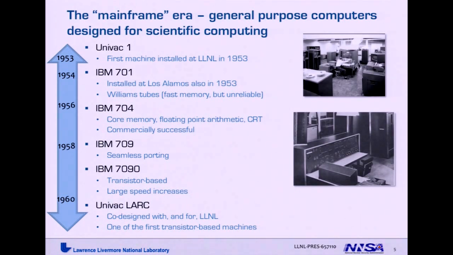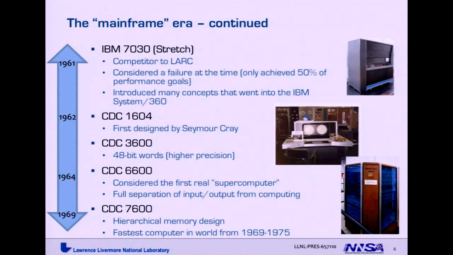At Livermore, UNIVAC came out with a machine called the LARC. This was actually co-designed, laboratory scientists sitting hand in hand with the engineers at UNIVAC to help design these systems. And then going into the 60s, sort of a competitor to the LARC machine was the IBM Stretch. That was at Los Alamos Laboratory.